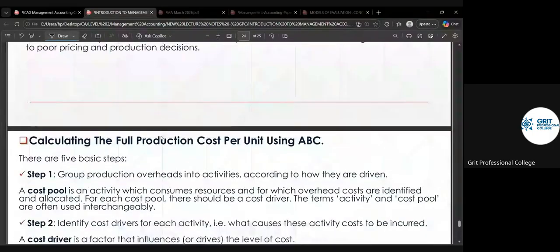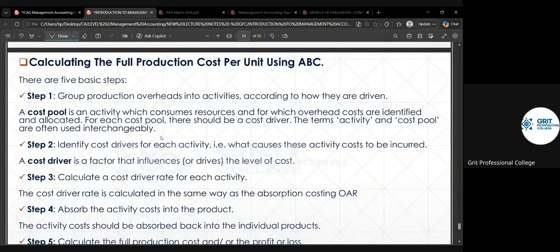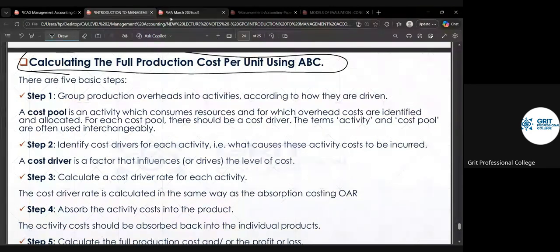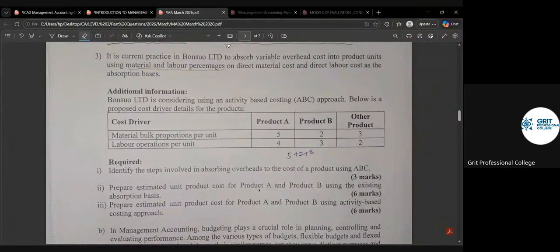And so in applying the ABC approach, how do we go about it? This was the 3-mark question that the examiner asked you in your paper last night. If I pull that question out, I hope you can see my screen.